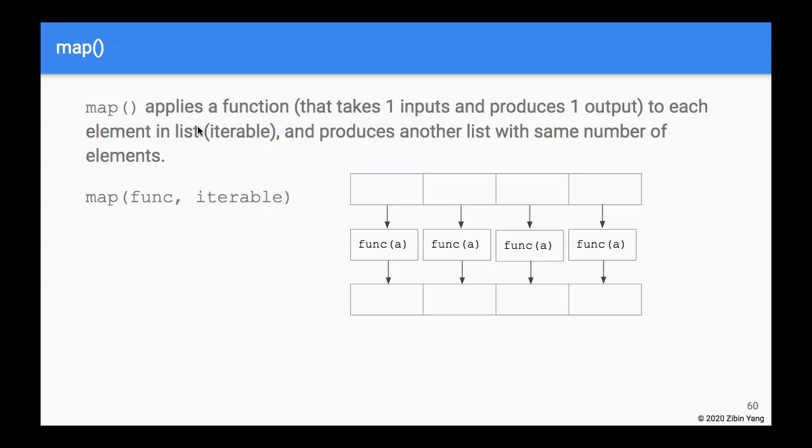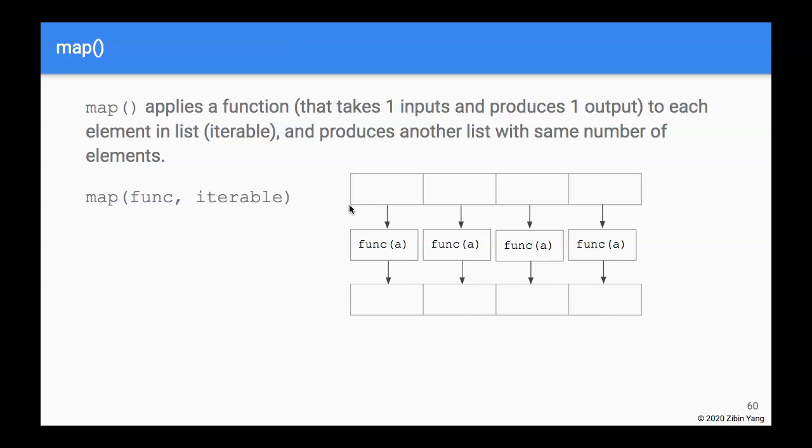The map function takes these two parameters and applies the function to each element of the list. Another way to see it is, each element of the list acts as an input to the function, and the function will produce one output for each input element, and it will put all of these outputs into another list.